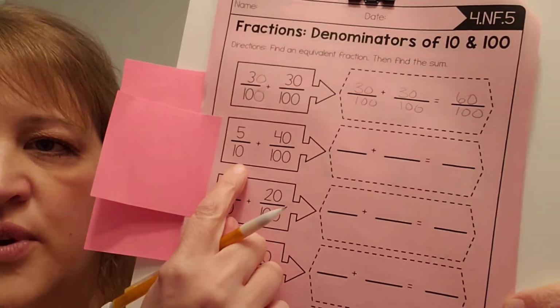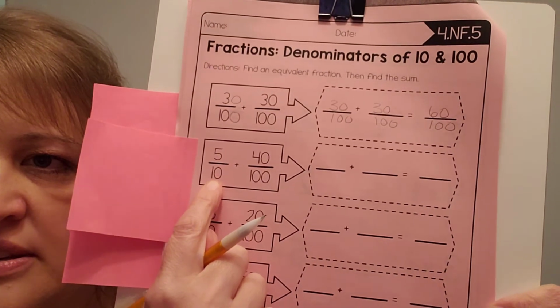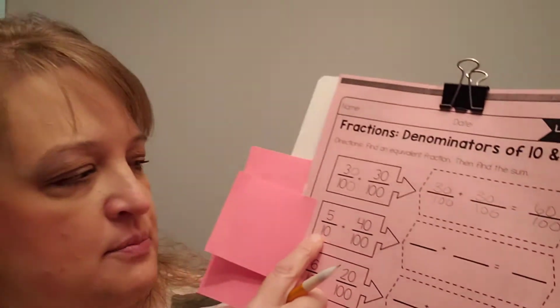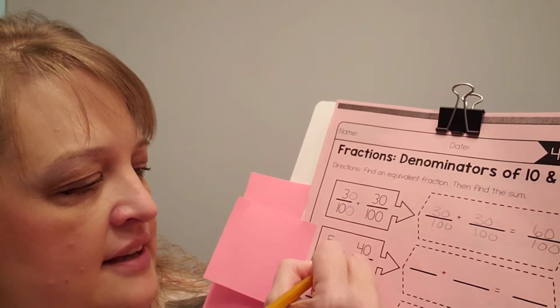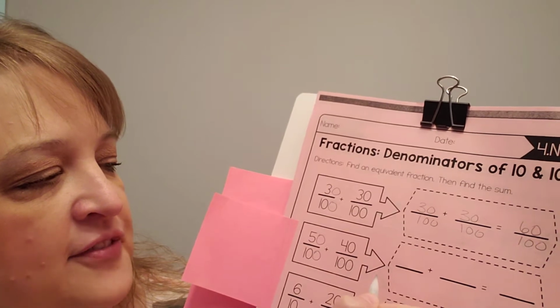All right, let's do one more together. So I have to add apples and apples. So I need to make this 10 into 100. So I'm going to multiply by 10 and get 100. Multiply the 5 by 10 and get 50.